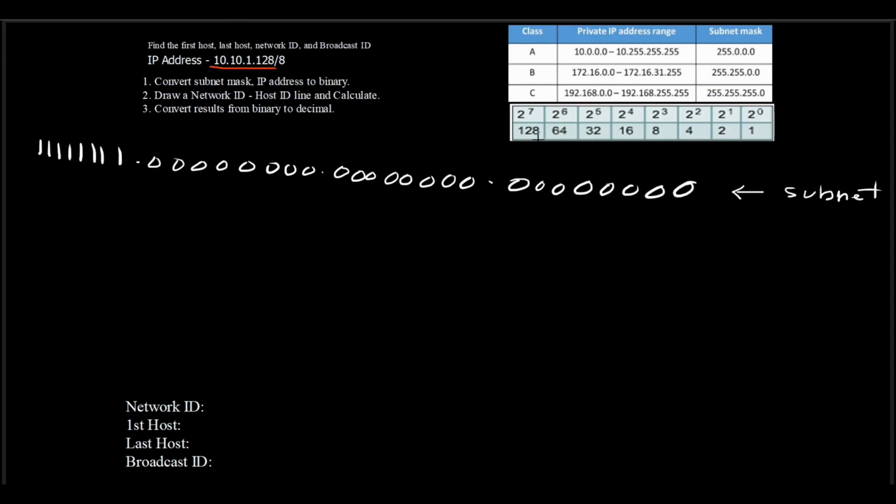For the 10, you have 128 starting from the left side. 128 is greater than 10, so we don't need this, and we're going to replace it with 0 in binary. 64 is greater than 10, we don't need this, replace it with 0. 32, same thing. 16, same. 8, yes. 8 is less than 10, we need this one, so we put 1 here.